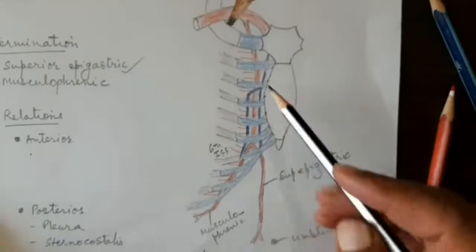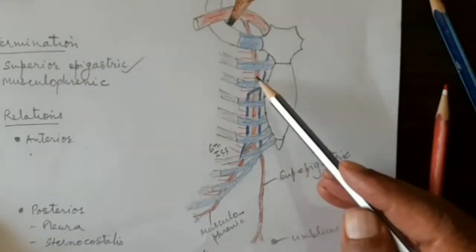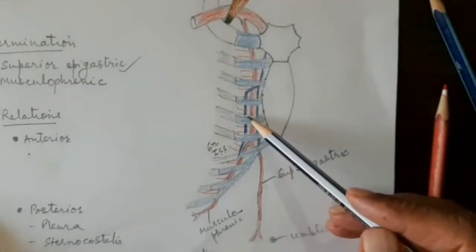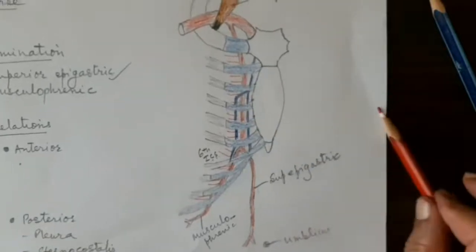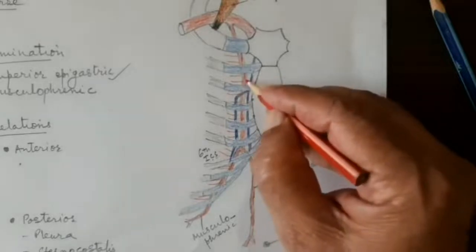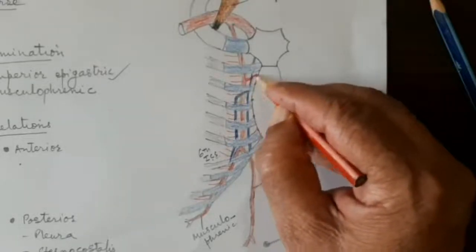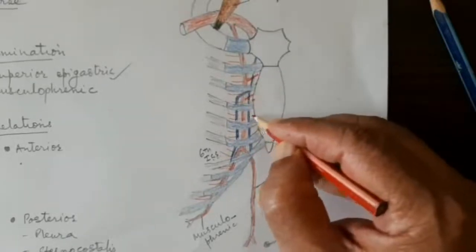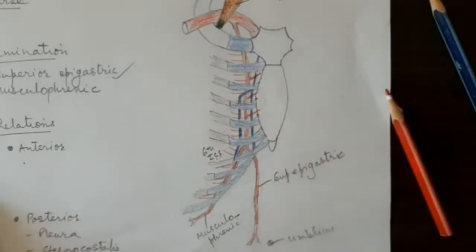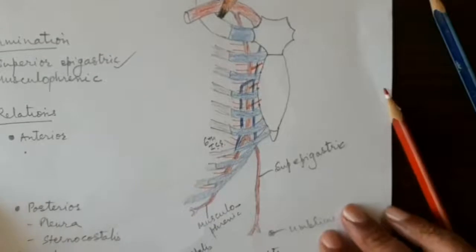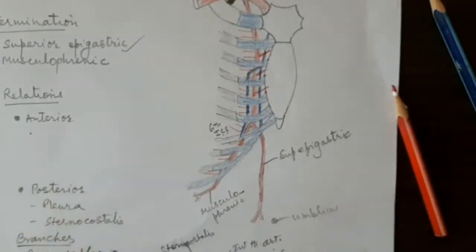The perforating arteries of the second, third and fourth spaces are quite prominent. If I draw the perforating arteries here from the second, third and fourth spaces, which come out along with the anterior cutaneous nerve, they are quite prominent in the female.